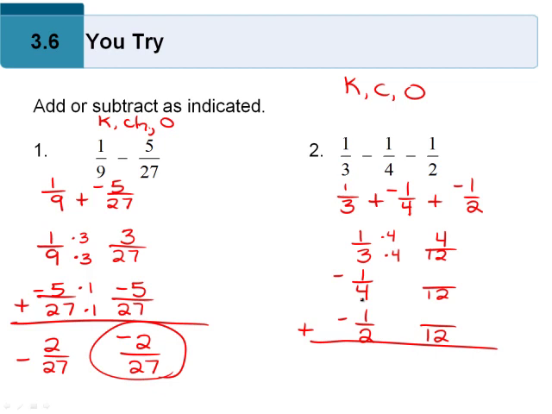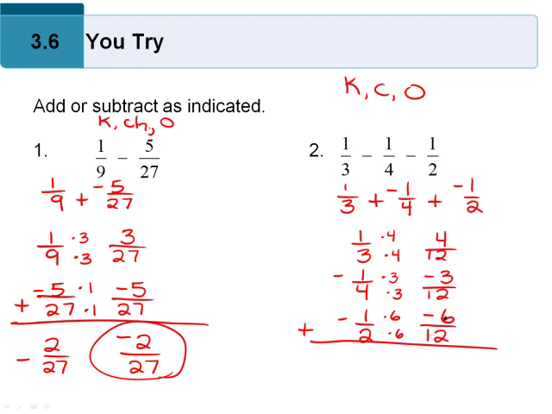Now in the middle, 12 divided by 4 is 3, so negative 1 times 3 would be negative 3. And on the bottom fraction, 12 divided by 2 would be 6, so negative 1 times 6 would be negative 6.